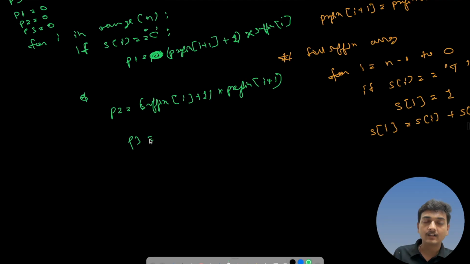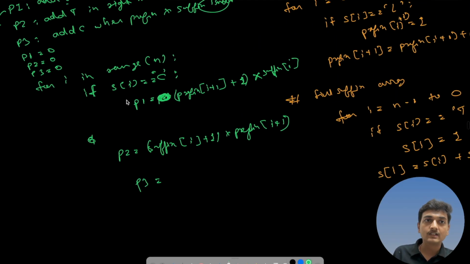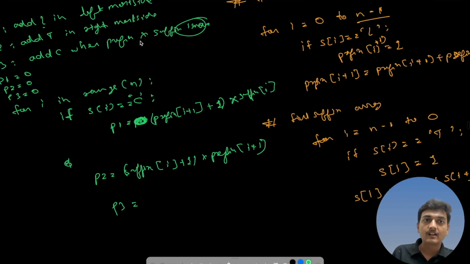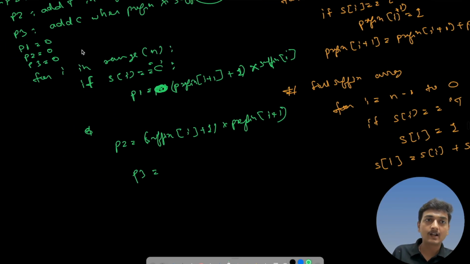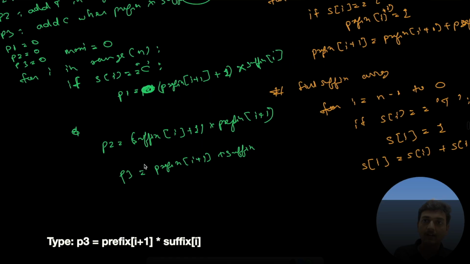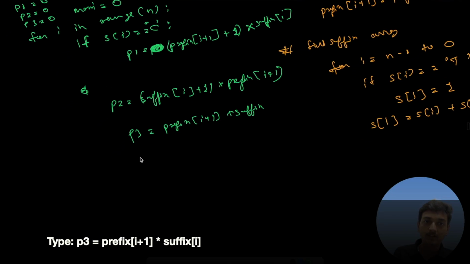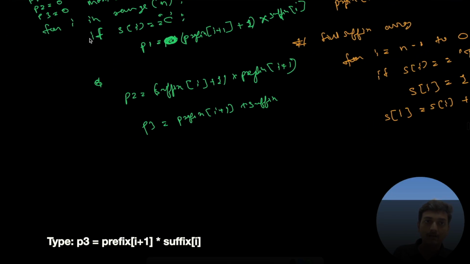So what is my plan three? My plan three is to just add C where prefix and suffix is maximum. So I will be keeping track of the maximum value. Maxi will be equal to 0 initially, and for now I will just take prefix of i plus 1 into suffix of i, and in the last I will double the value which is maximum.